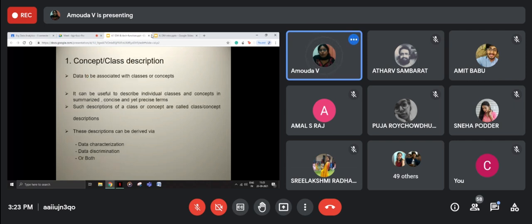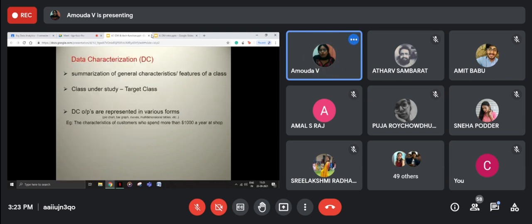If I start this one, it requires a lot of explanation. What is concept? What is class description? And again, I have to say what is data characterization, data discrimination, or both together. I'll explain. These words are very important.